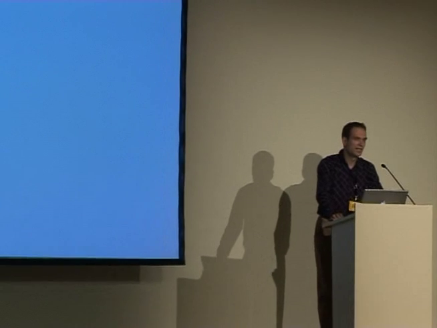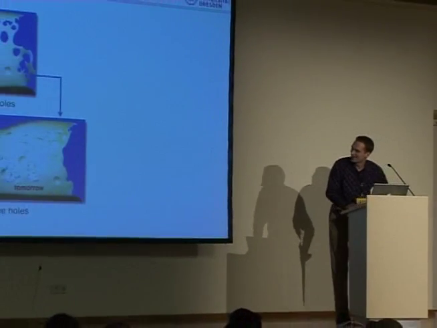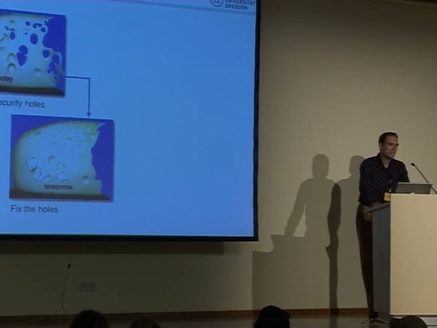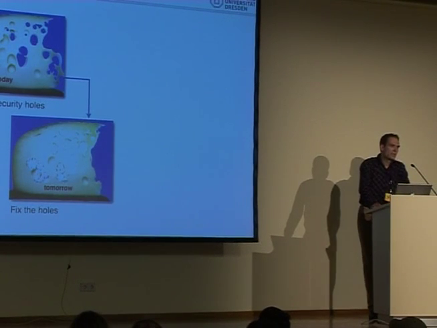To start with, some cheese and other software. What does today's software look like? It's like Swiss cheese, tons of security holes. The ultimate goal is to have secure software, but the intermediate step is to fix the holes. You can see it very well. And what are the incentives to fix the holes?